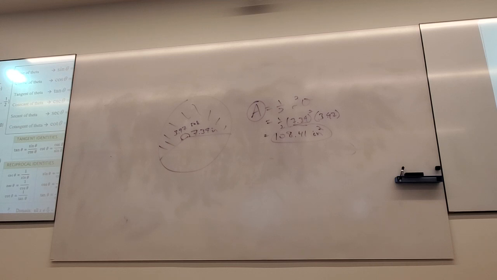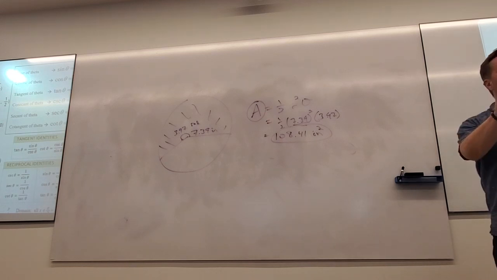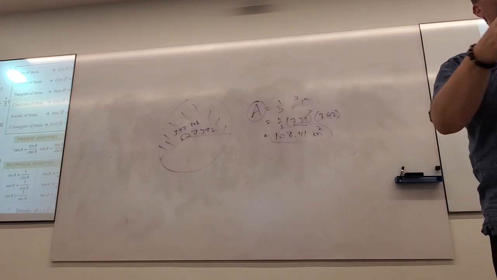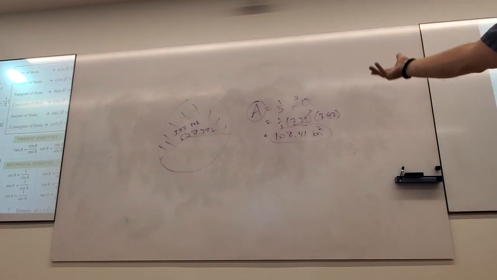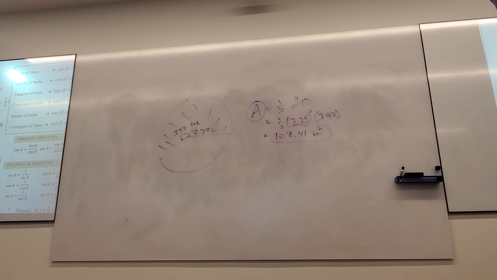Section 3.3 does not throw anything really new at us. Nothing new. It just redoes everything we've done already with angles, but now they're in radians. So it's basically like the problem we did earlier, tangent of 3 pi over 4.